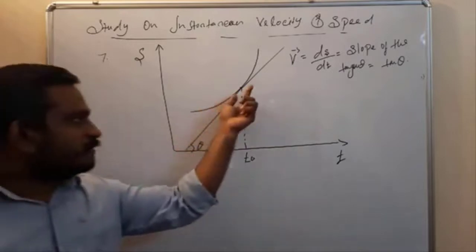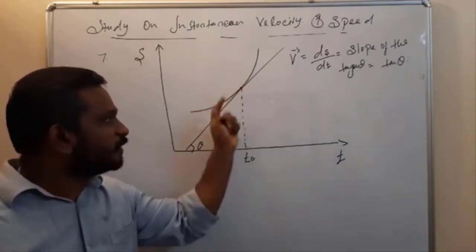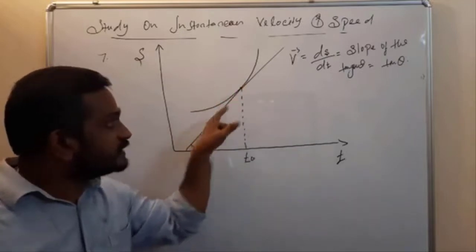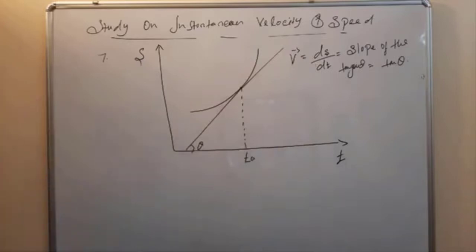So at this point, what is the slope of the tangent? The slope of the tangent gives the instantaneous velocity at that point.